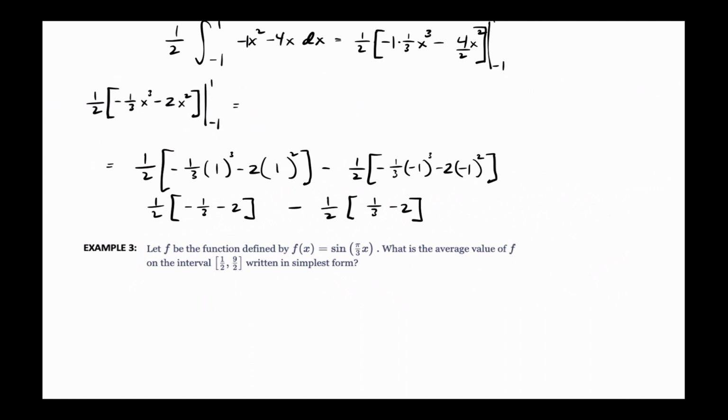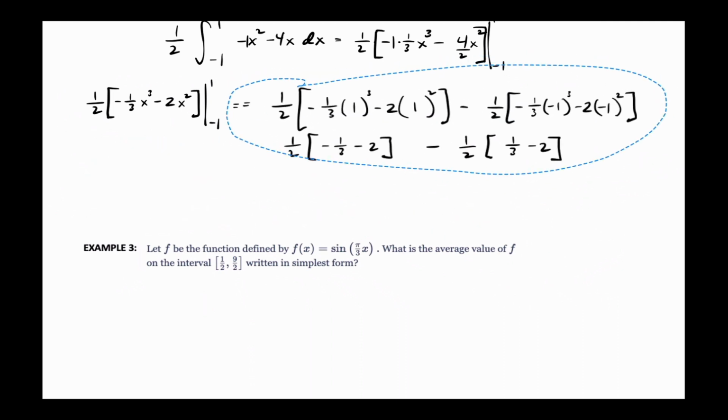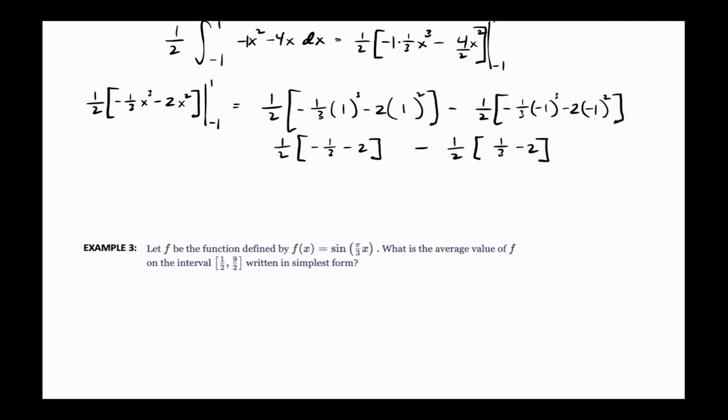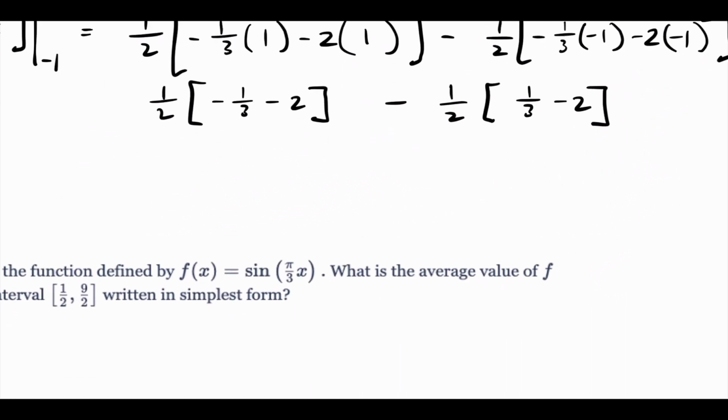Okay. So now I just got to do some arithmetic here. Okay, so 1/2, let's see, 1/2 times, what is that going to be? Was that 6/3? So negative 7/3.